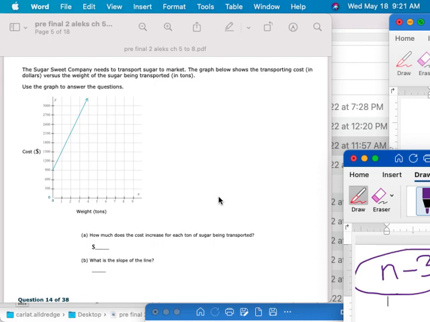Okay, the Sugar Sweet Company needs to transport sugar to market. The graph below shows the transporting cost in dollars versus the weight of the sugar being transported in tons. How much does the cost increase for each ton of sugar being transported? Okay, so between here and here, how much is it increasing?